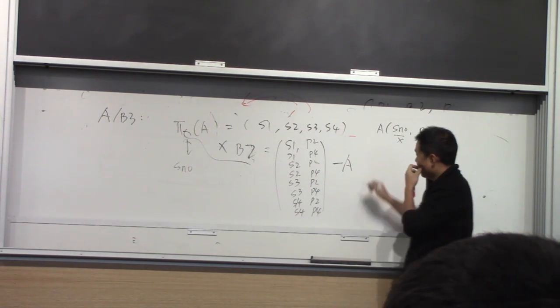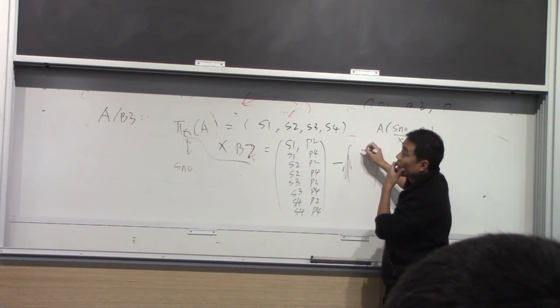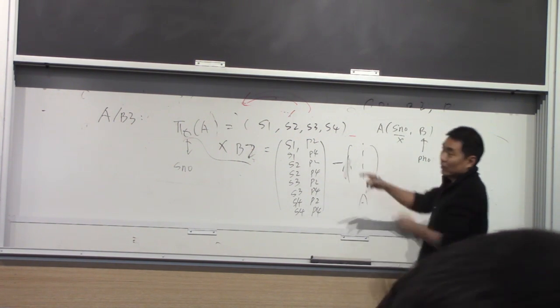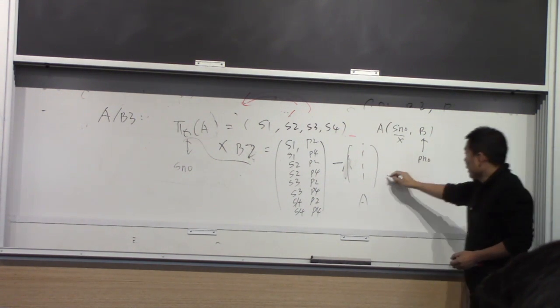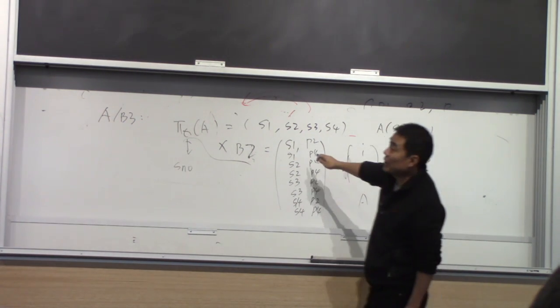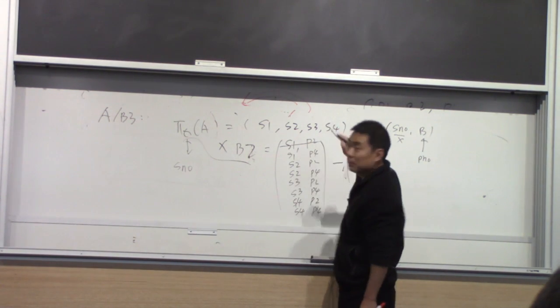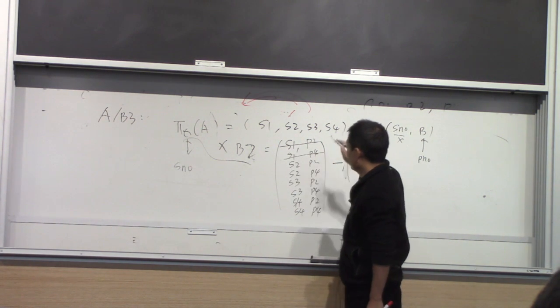Minus from A, which is A is what? All of that. I'm not going to repeat myself. Now what do you get after this subtraction? S1, P2 is in A, so this will be eliminated. S1, P4 is in A. Is that in A? Yes. Eliminated.